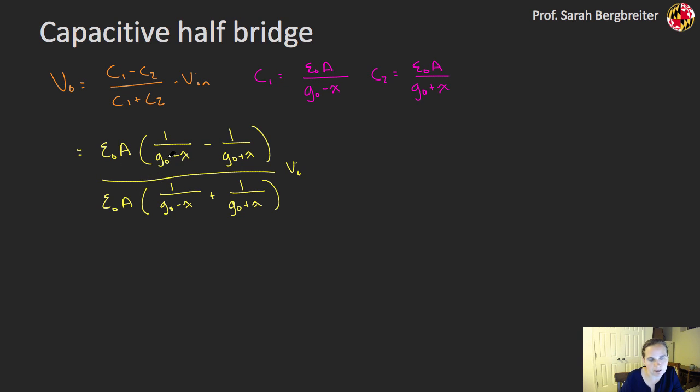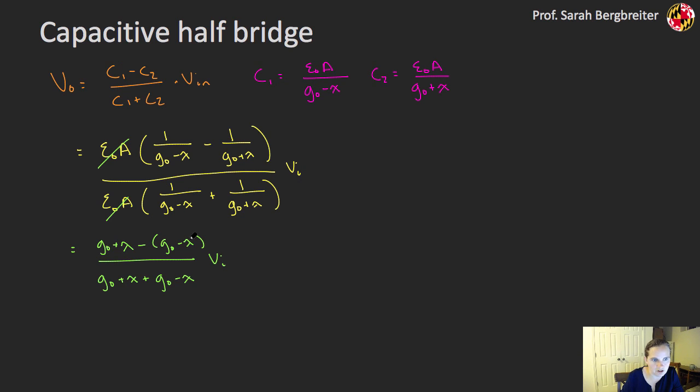I'm going to multiply everything through by G naught minus X times G naught plus X. And so I'm going to get G naught plus X minus G naught minus X on that numerator. These epsilon naught A's cancel, times G naught plus X plus G naught minus X, that whole thing times Vin.